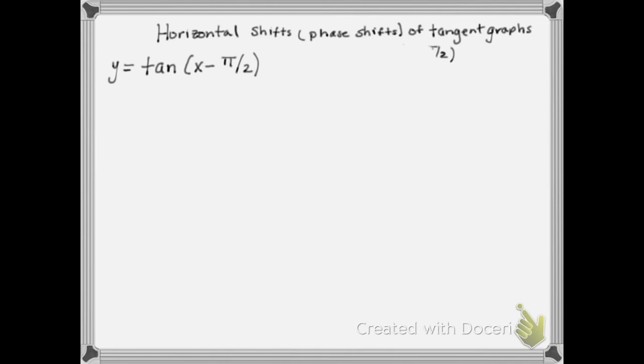So looking at our tan function here, we have y equals tan of x minus pi over 2. We know that the x minus pi over 2 is a shift to the right pi over 2 units.